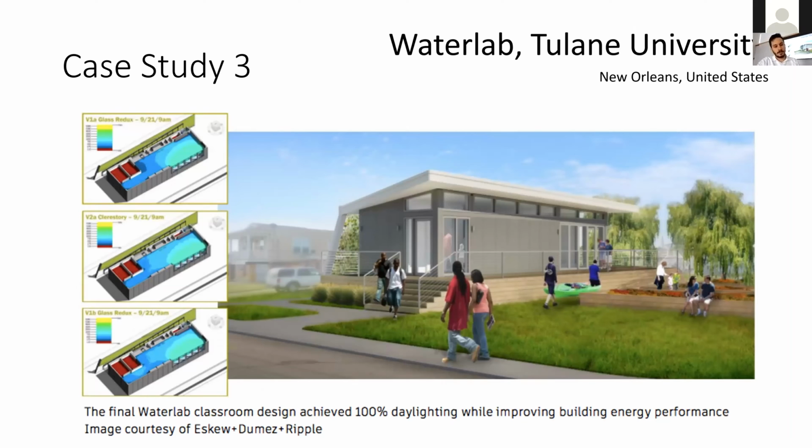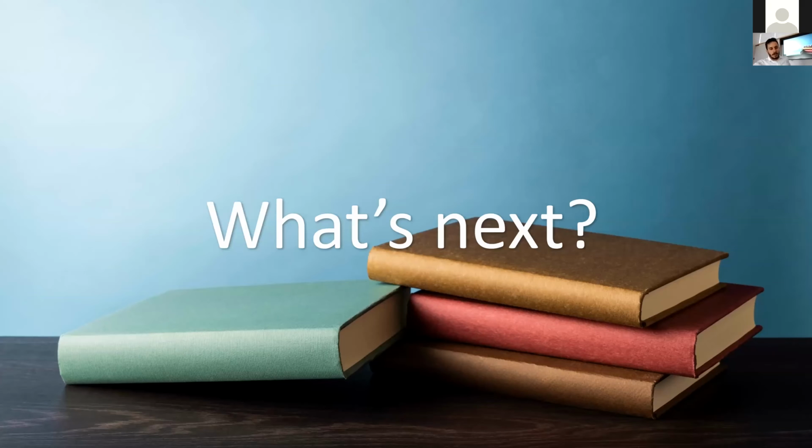And this building actually was a net zero energy building, which means it has a net zero usage of energy throughout the year. So yeah, those were the case studies, and this was the end of my presentation.